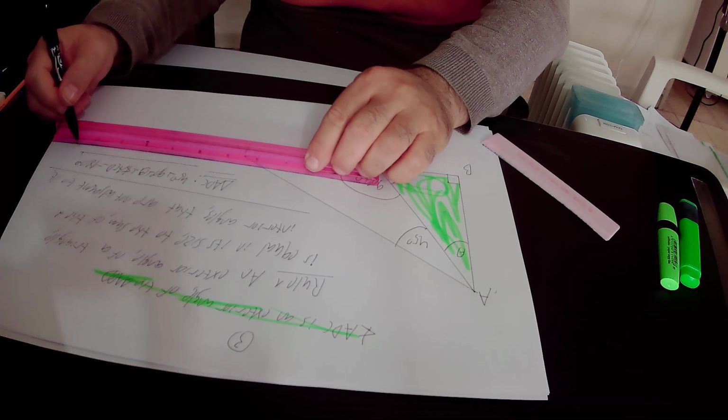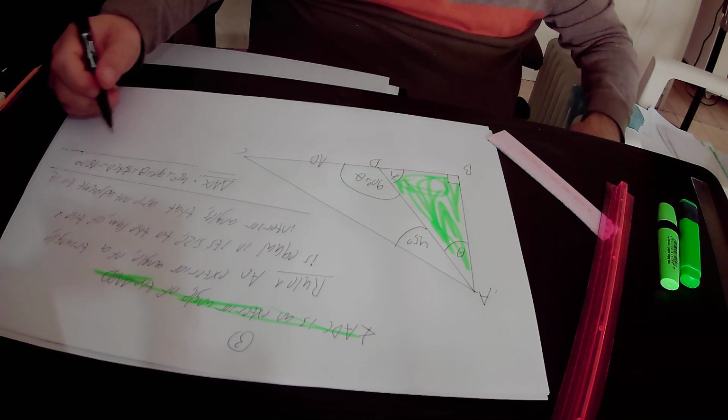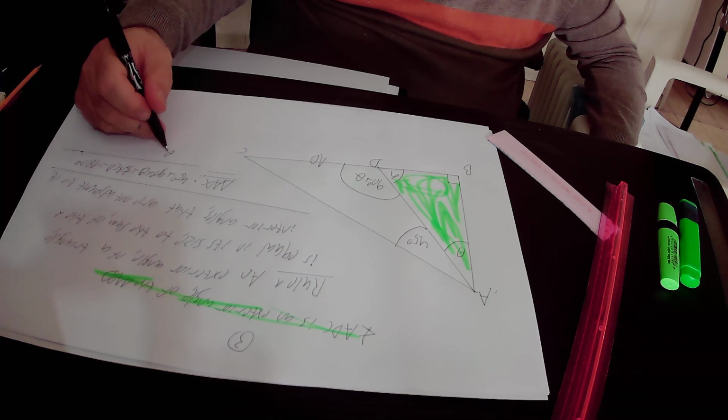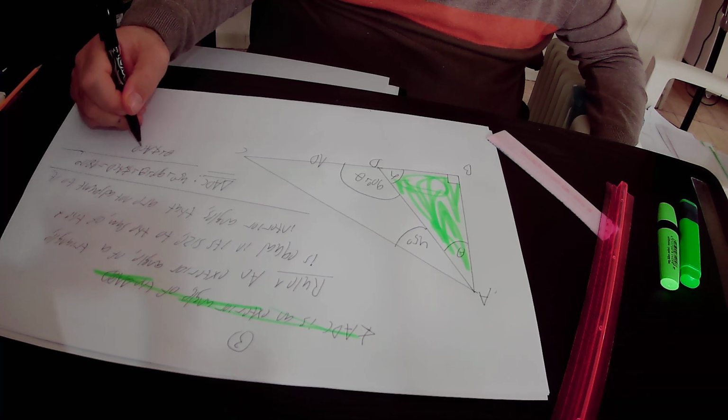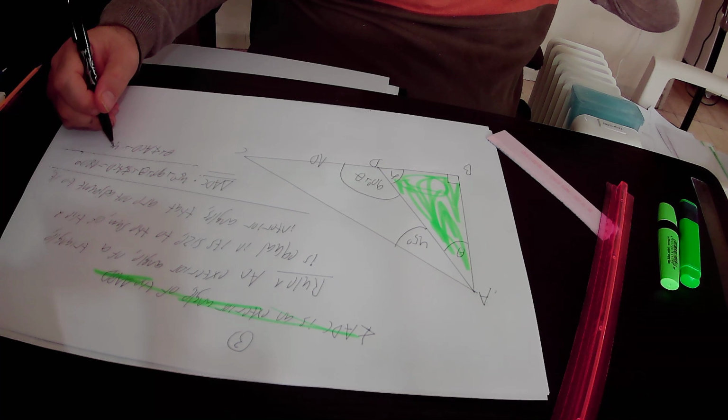So here we will subtract 135 degrees from this equation, and we get that angle theta plus angle ACD is equal to 180 degrees minus 135 degrees, which is 45 degrees.